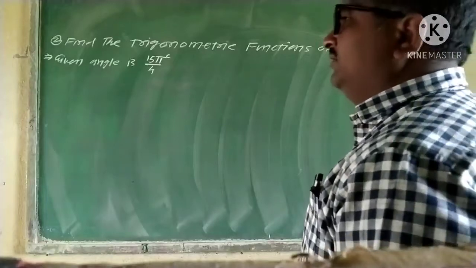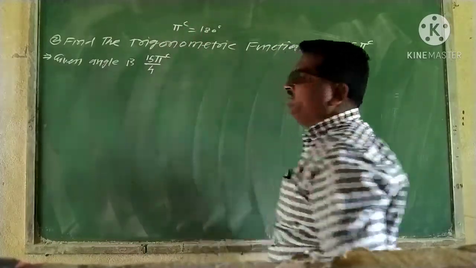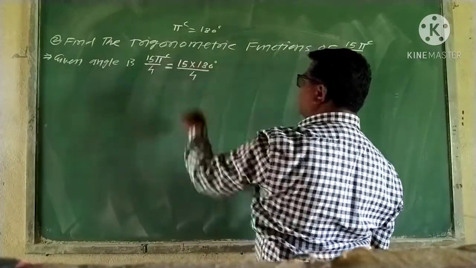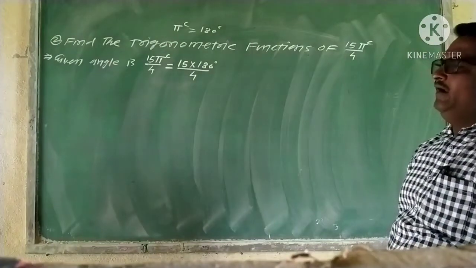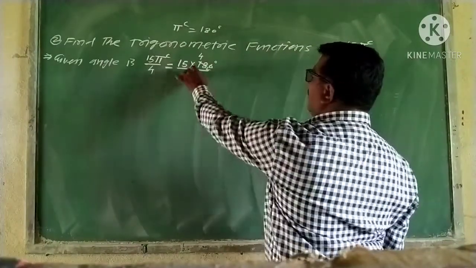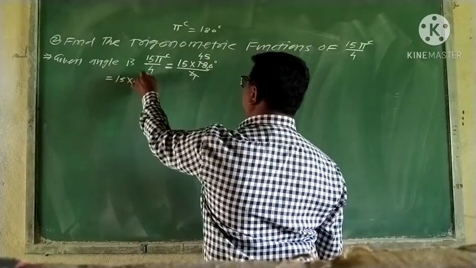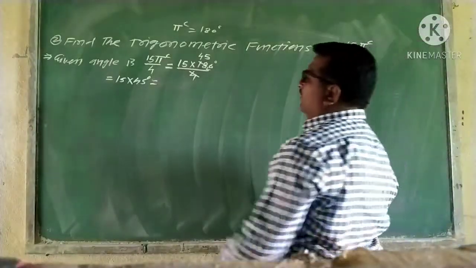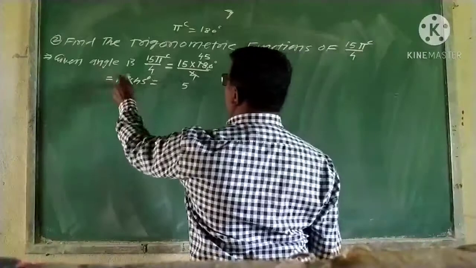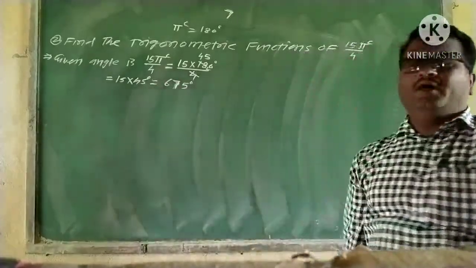We have to convert this angle into degrees, so we put the value of pi radian equal to 180 degrees. This angle is equal to 15 multiplied by 180 degrees divided by 4. 180 divided by 4 is 45, so the angle is 15 multiplied by 45 degrees. 15 times 5 is 75, remaining 7, 15 fours are 60, 60 plus 7 is 675 degrees. This is the given angle.